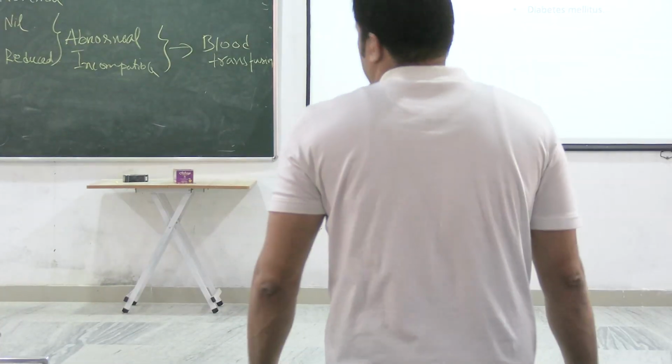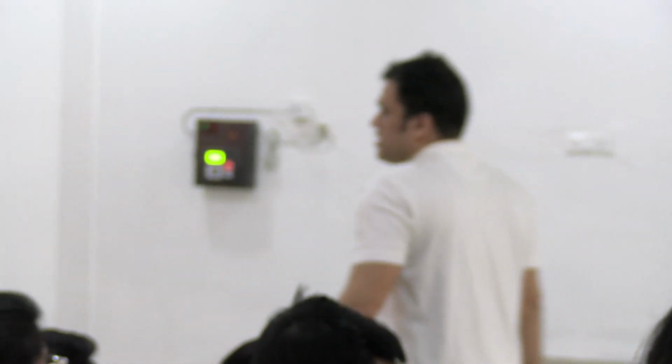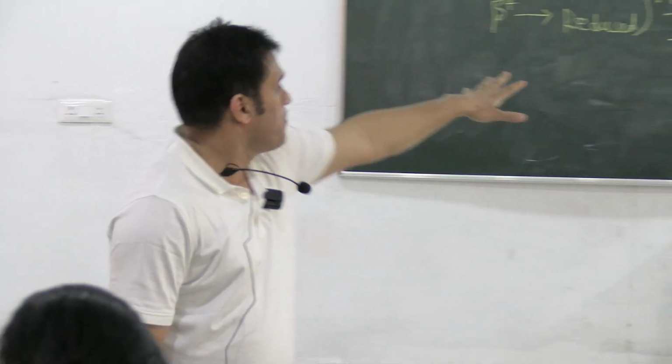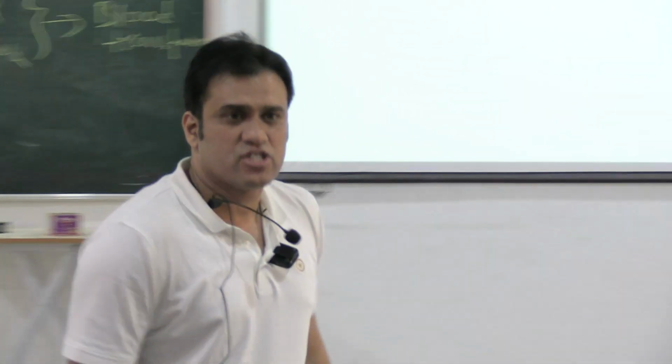Then coming to growth and development: short stature, large head, delayed puberty, and then endocrine function abnormalities. These are all because of excessive iron overload. Diabetes mellitus can be a dreaded complication. Why?